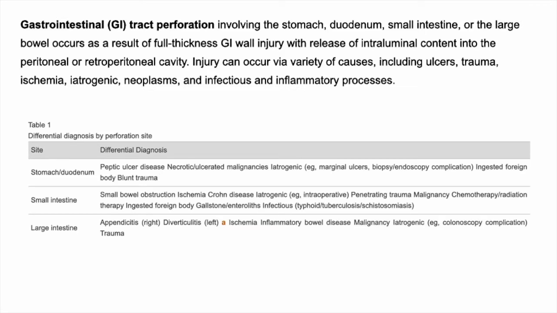So what is most important is the complication it can produce. The most common in this case is perforation.